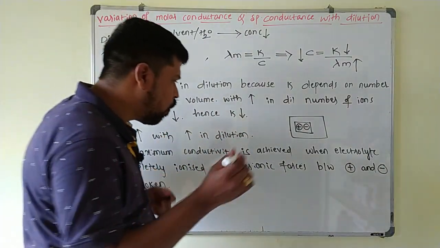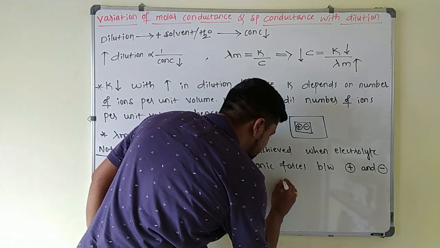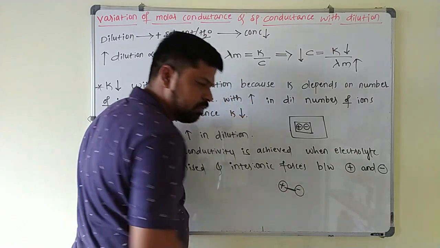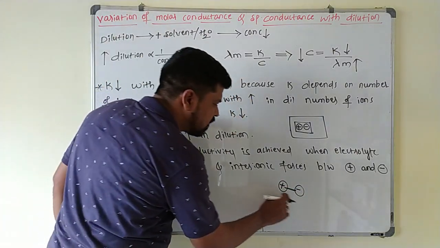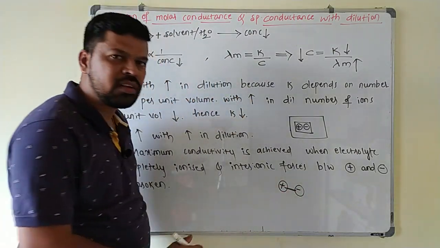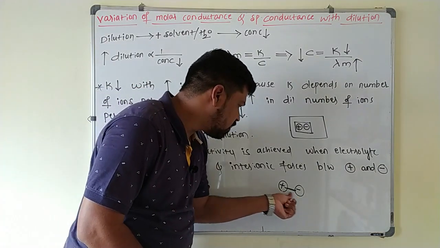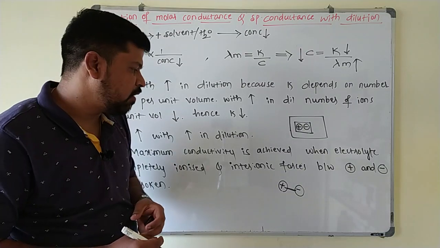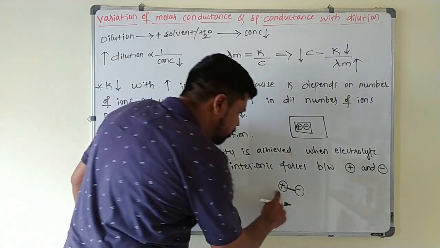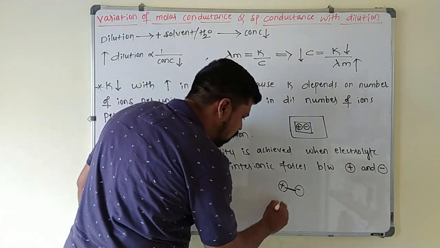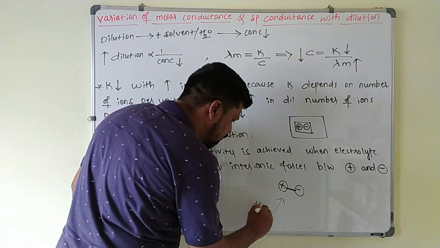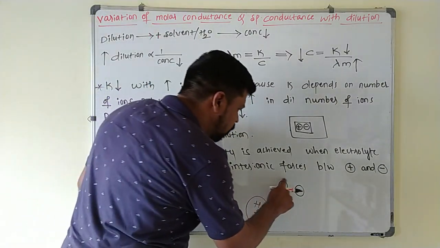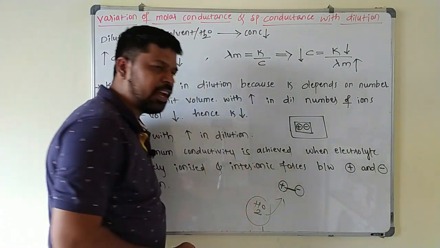Another thing is, once they are ionized, these cations and anions in the concentrated solution are very close to each other. Since they are very close, there is a force of attraction between these two. Due to this force of attraction, they cannot move independently and very fast. Whenever you add water, these ions will move far away from each other, and then the force of attraction between the cation and anion will break.